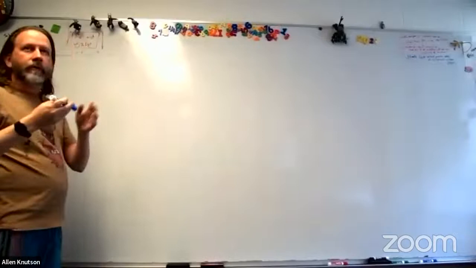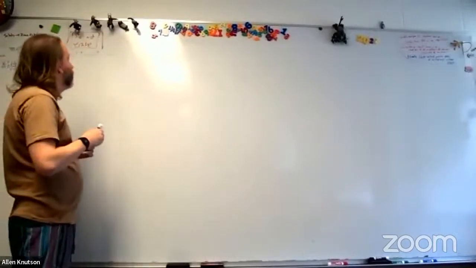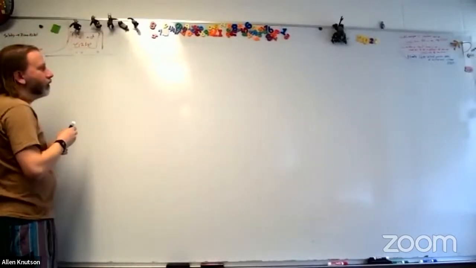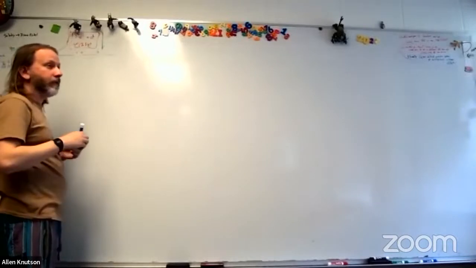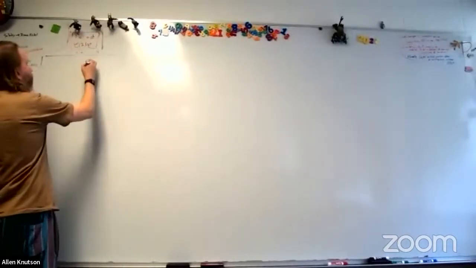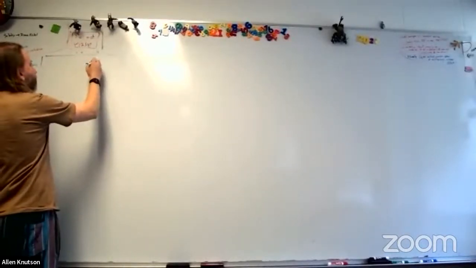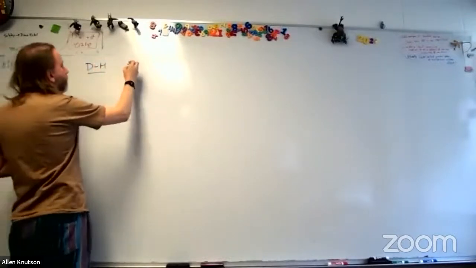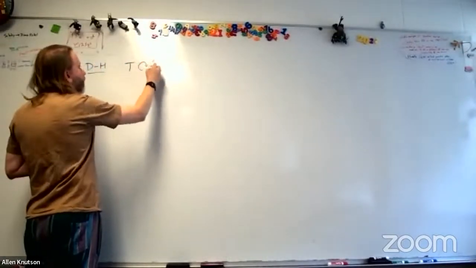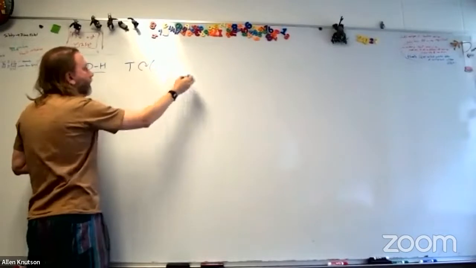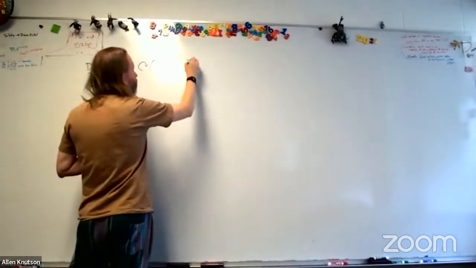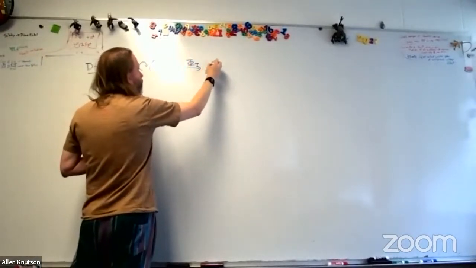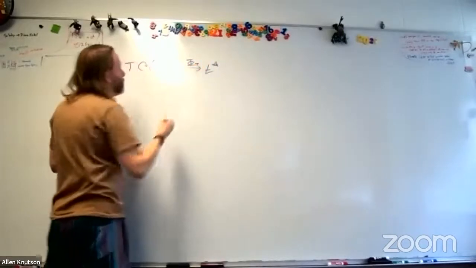So let's recall Duistermaat-Heckman and what I mean by the terms in Duistermaat-Heckman. What Duistermaat and Heckman were thinking about was a torus acting on a symplectic manifold with a moment map taking values in the dual Lie algebra.